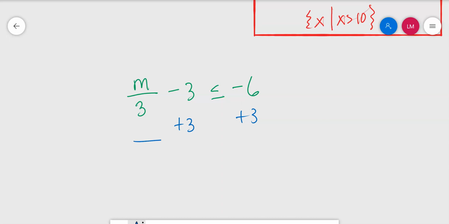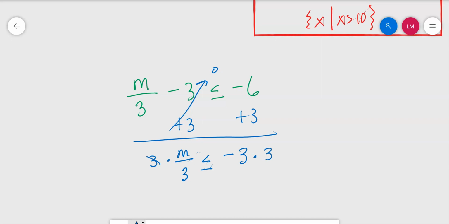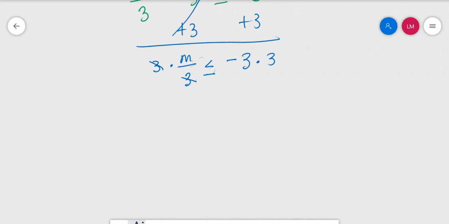Okay, so we added 3, sorry about that, this is 0, and now I have m divided by 3 less than or equal to, remember that you're going to add, and we get -3, and then we're going to multiply by 3 to the left, multiply by 3 to the right, so these cancel out, and again because it was a positive 3 I did not have to flip the inequality, and there's your solution.